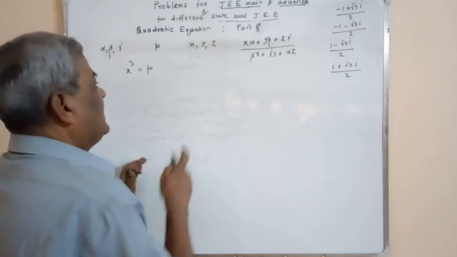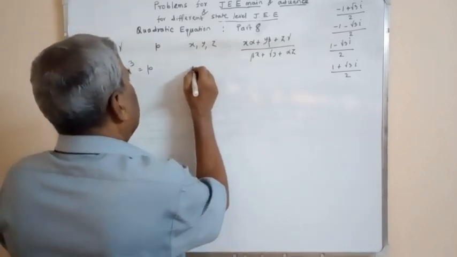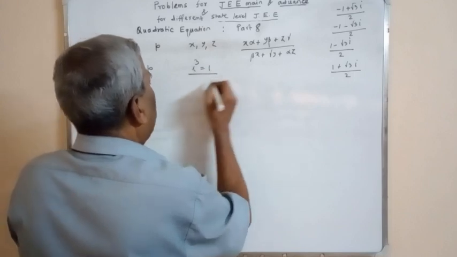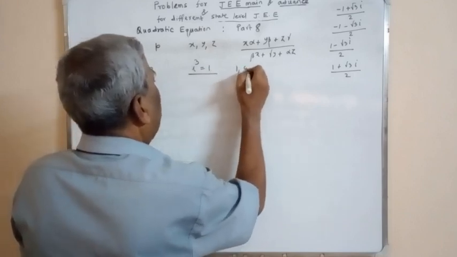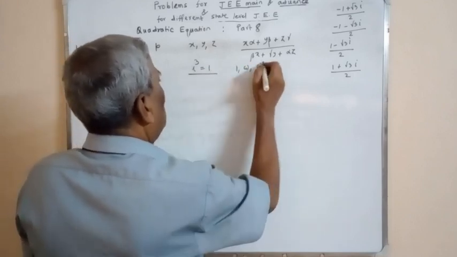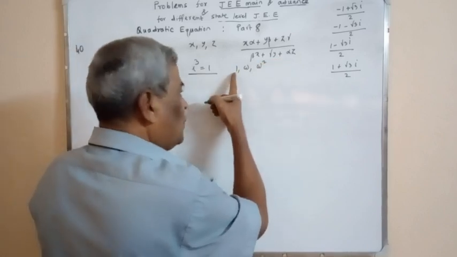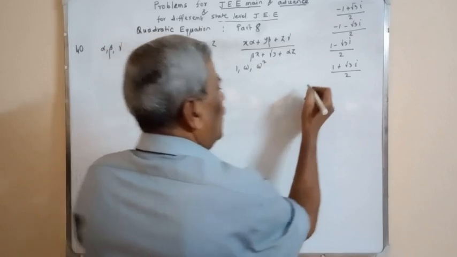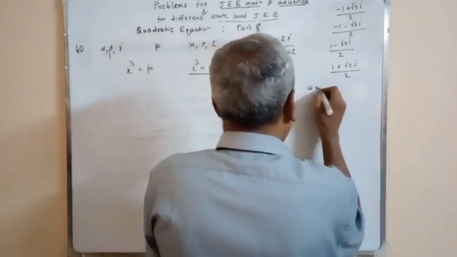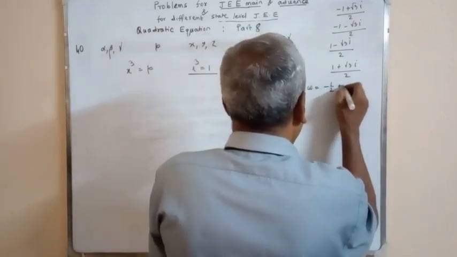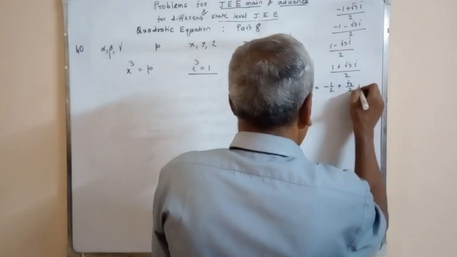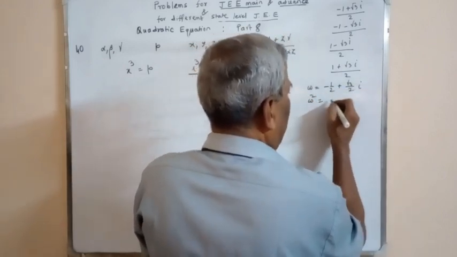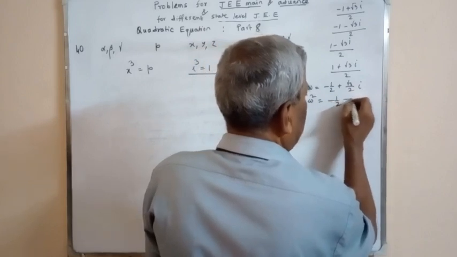We know that the cube roots of unity, that is x cube equals 1, are 1, omega, omega square. 1 is easy to understand, and omega is equal to minus half plus root 3 by 2 i, and omega square is its conjugate.